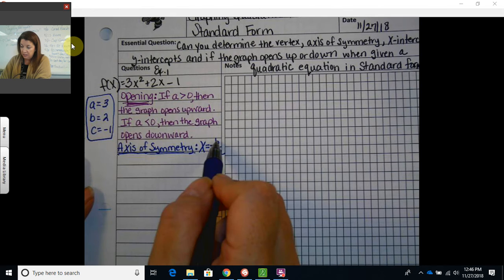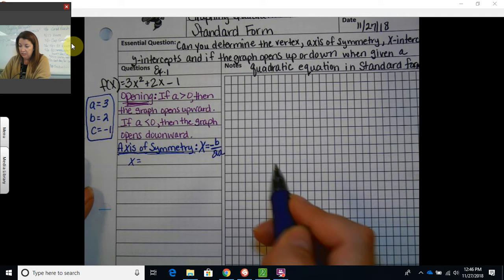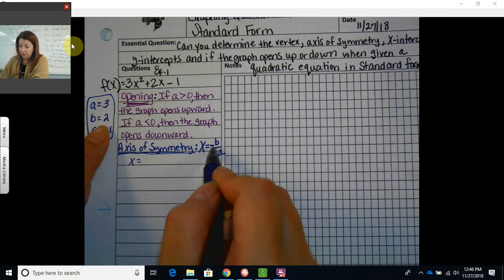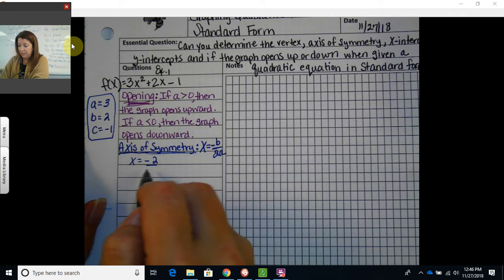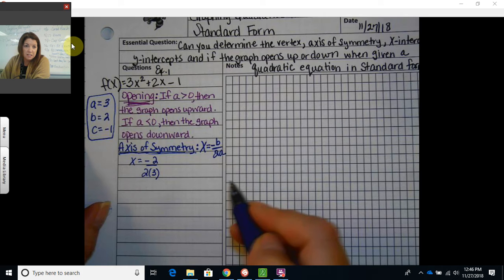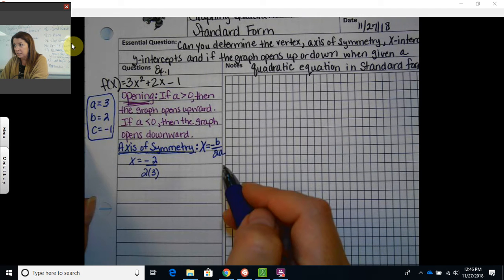So if I want to know the equation of my axis of symmetry, I just plug in negative b over 2a. So x equals negative b, so if b is 2, opposite of that is negative 2 over 2 times a, so that will be 2 times 3. And unfortunately, this is going to have a fraction, but that just happens. We got to deal with it, and we're not even going to turn it into a decimal.